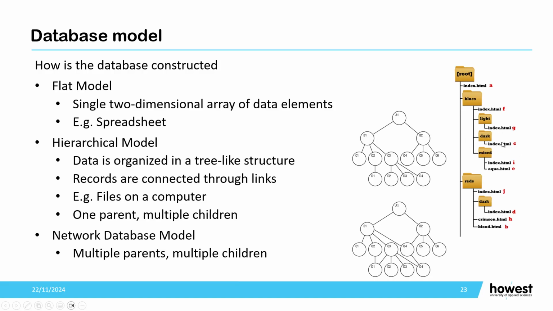So then you will have basically two parents, this one, but also this one. So think about just symlinks, ln -s in Linux, and then you basically have some sort of simple network database model.